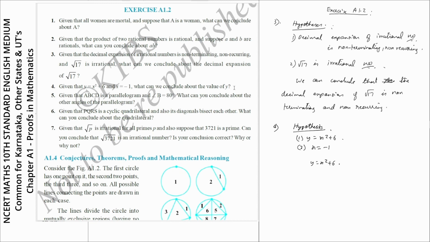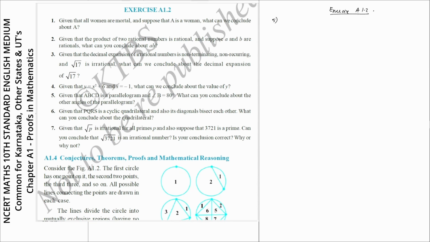Put x is equal to minus 1. When x is equal to minus 1, y is equal to minus 1 the whole square plus 6. So y is equal to plus 1 plus 6. So y is equal to 7. So the value of y is equal to 7. Here we can avoid writing a sentence like we can conclude that the value of y is equal to 7. We can make it as simple as possible.